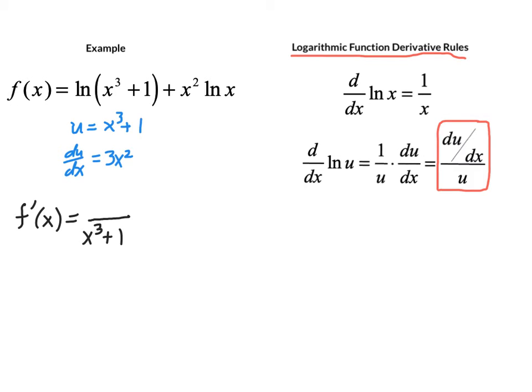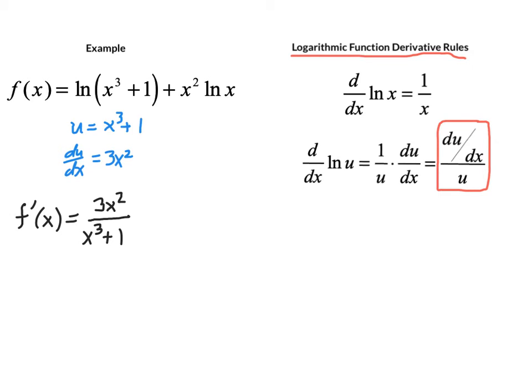And then we just simply take the derivative of that and place it in the numerator, 3x to the second. So that's the derivative of the natural log of x cubed plus 1. Just be careful with the algebra. There's nothing we can do there to simplify that. Don't try scratching out terms or anything like that and messing up good calculus with bad algebra.